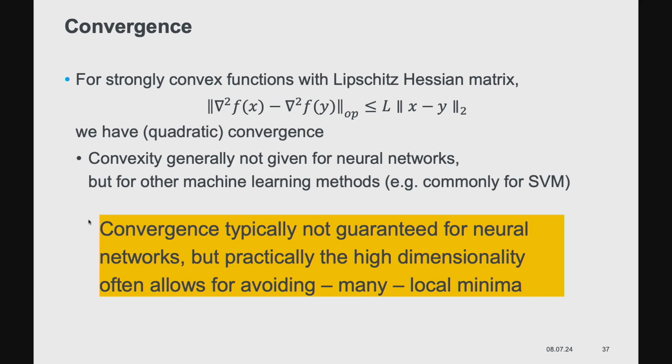The reason seems to be that we have so many dimensions that you always find a way down. So when we have such a one-dimensional function, and you are here, even if there is yet a better value here, from here this is very hard to find, because it's very hard to get out of this valley.